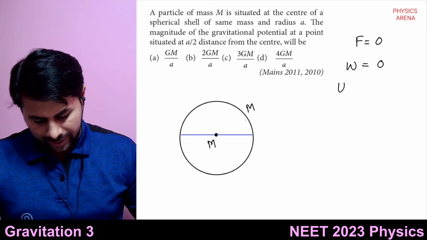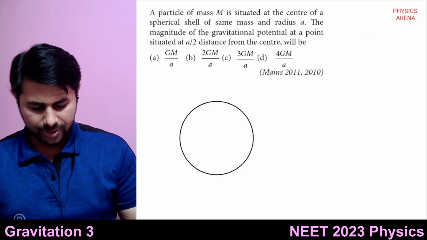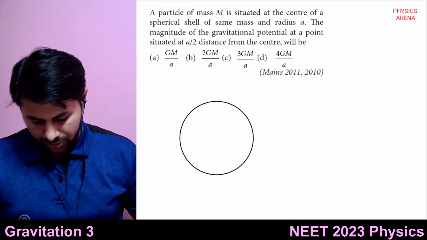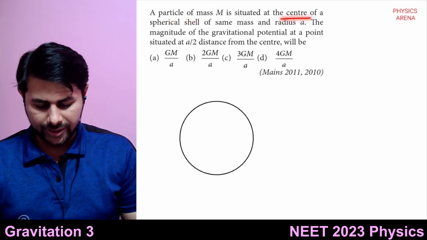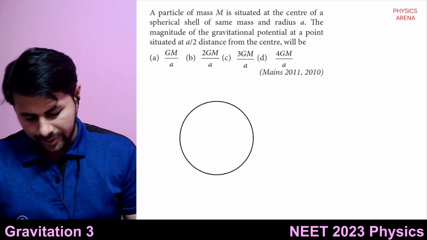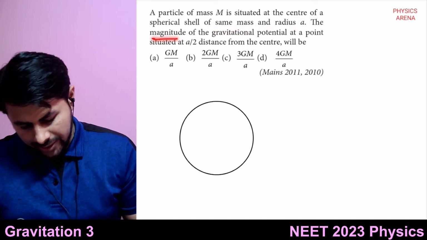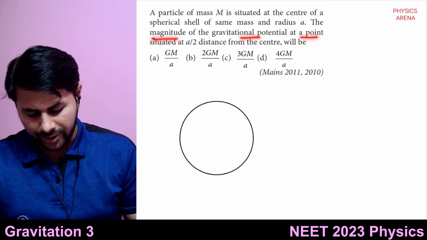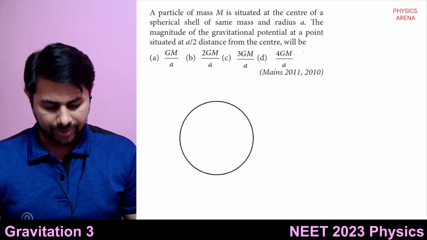Okay. So let me explain this concept nicely once again if there is some confusion. So the question is, a particle of mass m is situated at the center of a spherical shell of the same mass and radius a. Magnitude of gravitational potential at a point situated at a by 2 distance from the center will be.